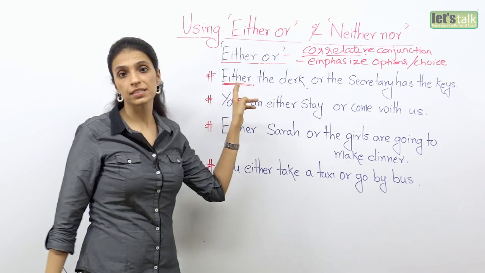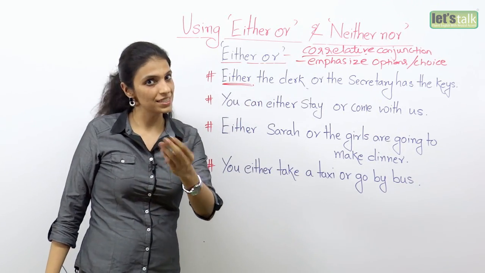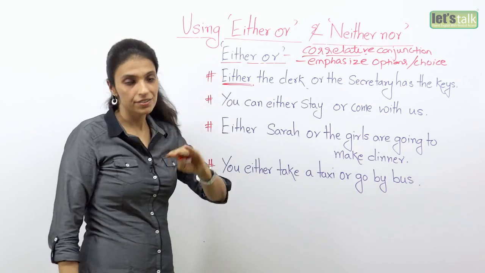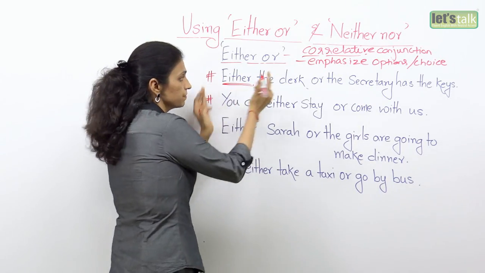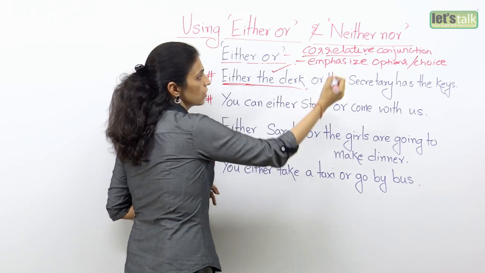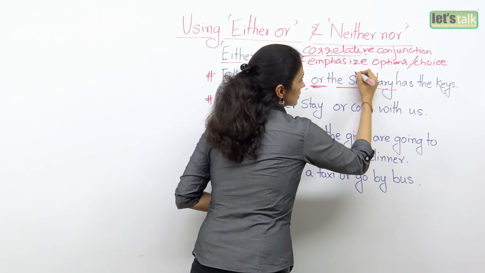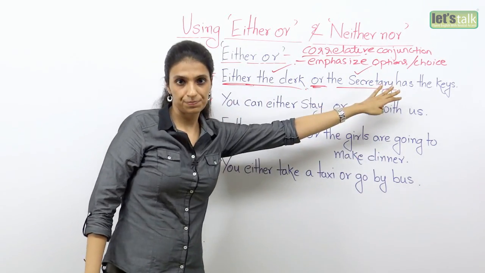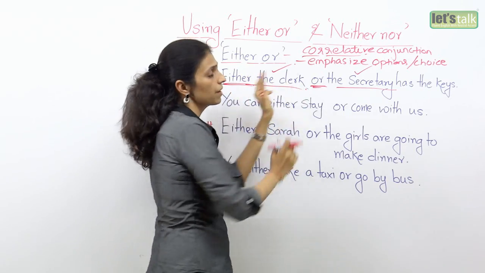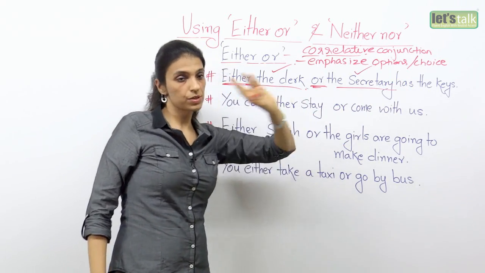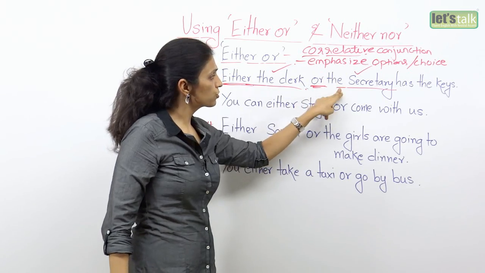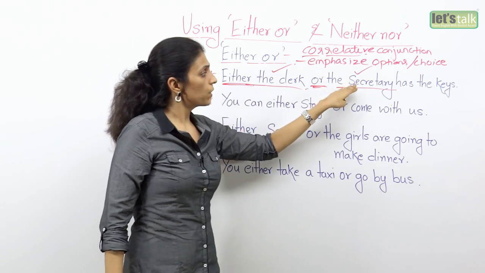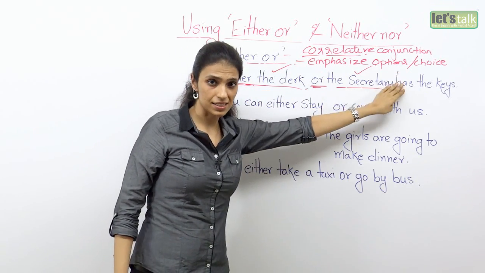You can also pronounce this as either. You decide. So either the clerk or the secretary has the keys. So one of them has the keys. I'm giving you two options: either this one or this one has the keys.